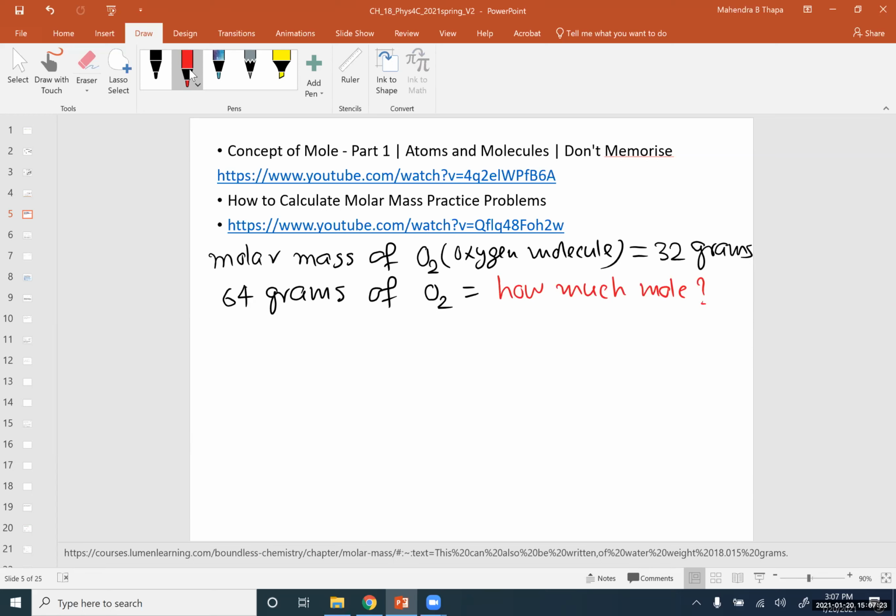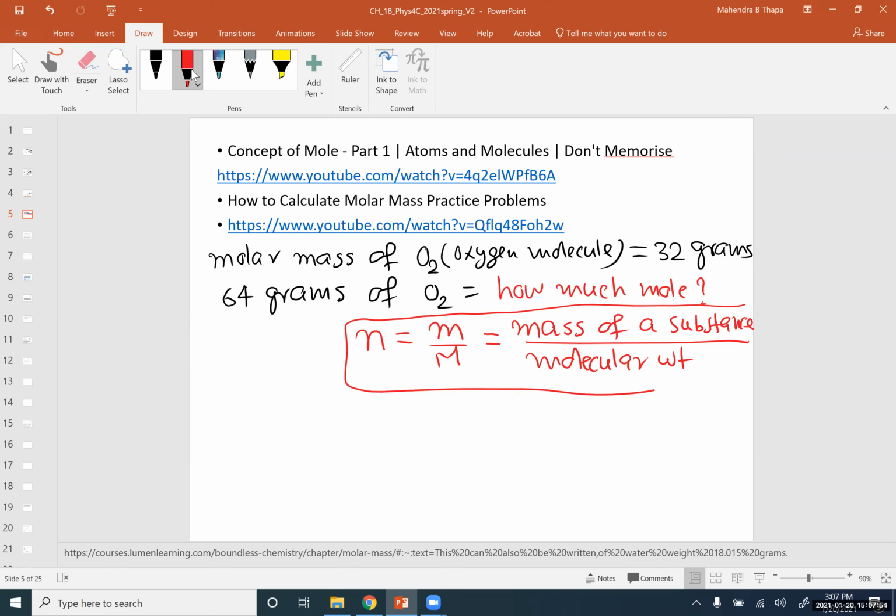In that scenario, we use the equation n equals small m over big M. Small m means the mass of substance, over the molecular weight. We use this definition to find the number of moles, where n represents the number of moles.